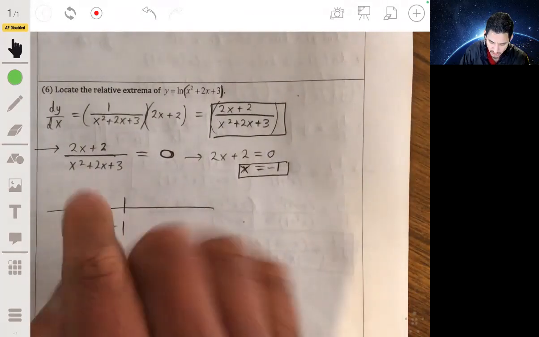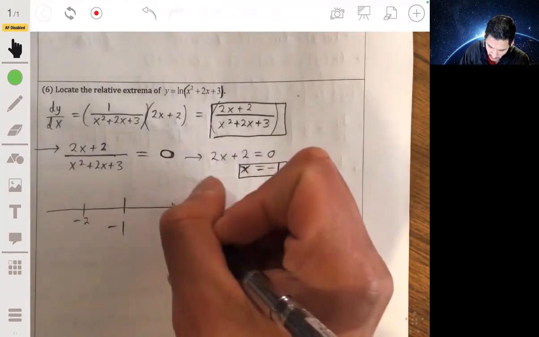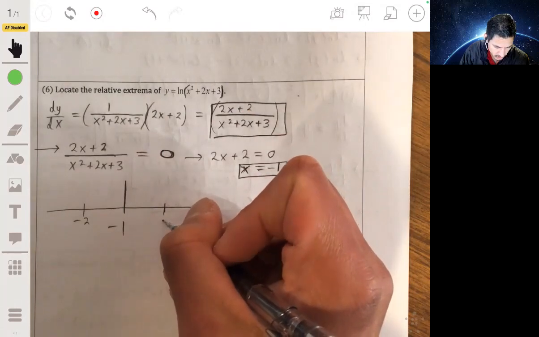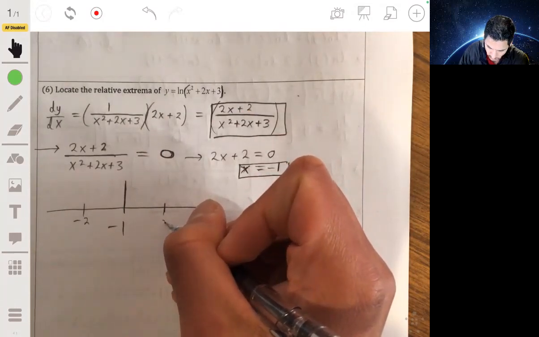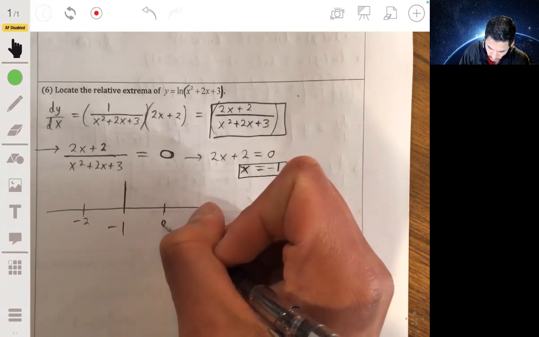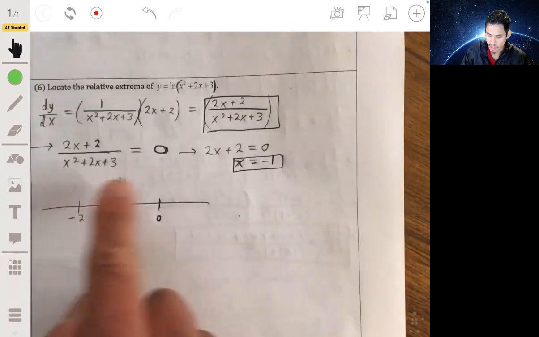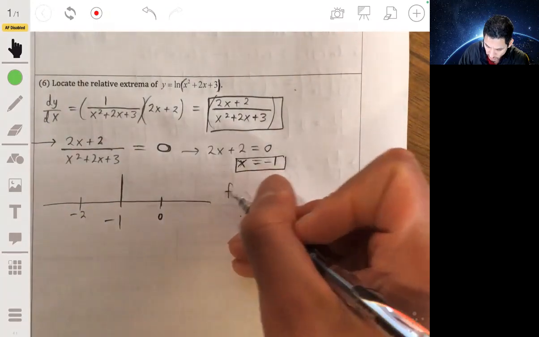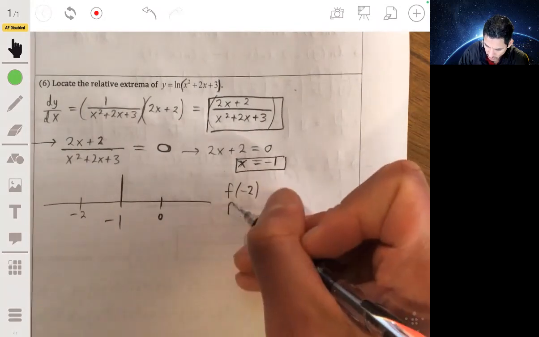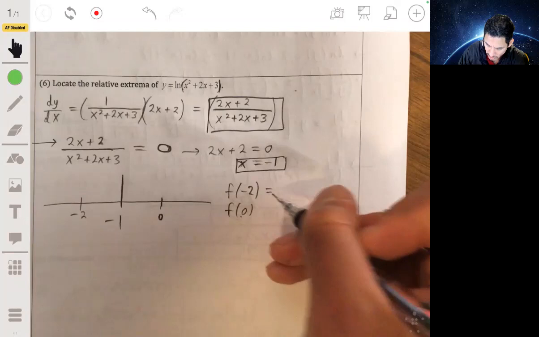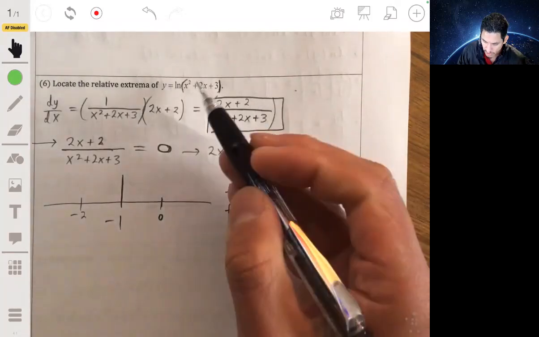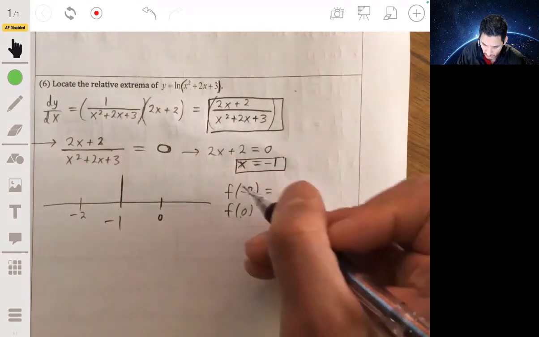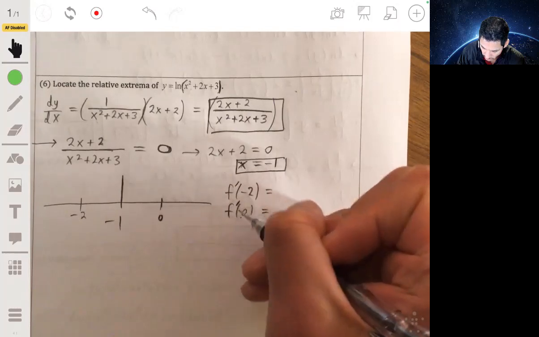And we want to just pick a value to the left, let's just say negative 2, and a value to the right, let's just say 0. And we want to see what's going on with the function to the left and to the right. So let's evaluate f prime of negative 2 and f prime of 0.